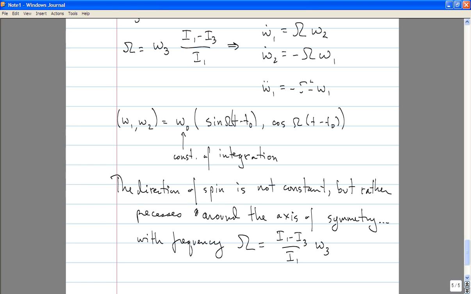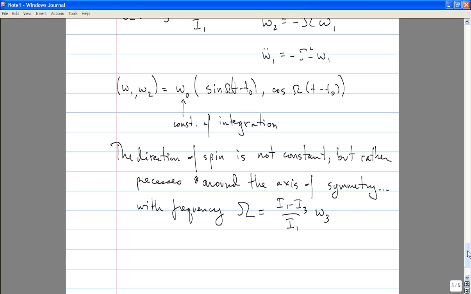And what's really interesting is that the sign of capital omega depends on whether I1 is larger than I3 or not. So that means that the direction of precession depends on whether I1 is bigger than I3 or I1 is less than I3.